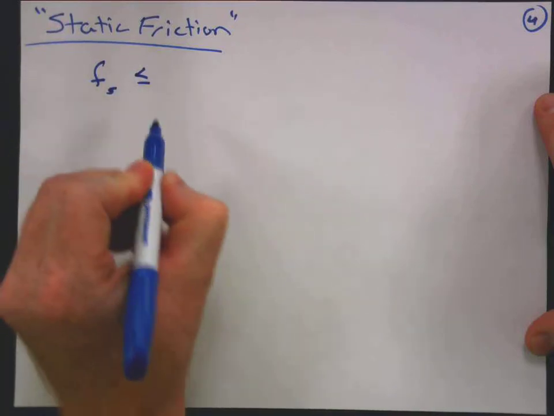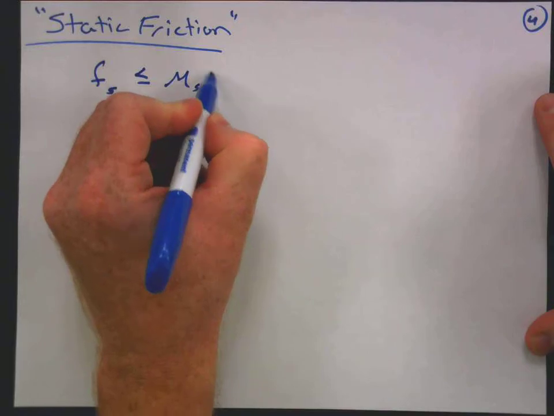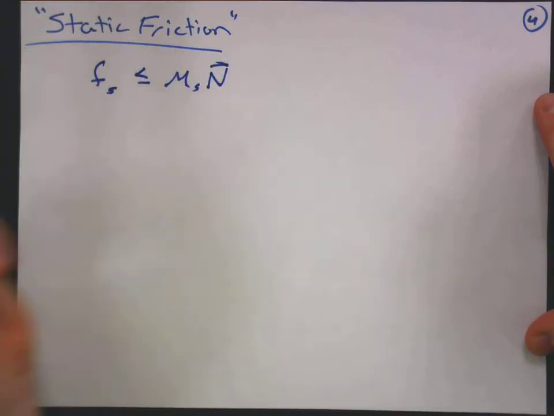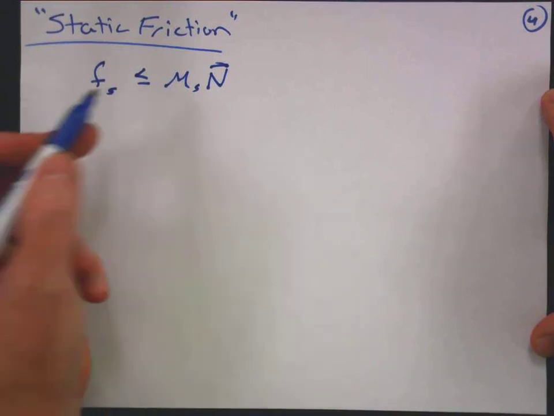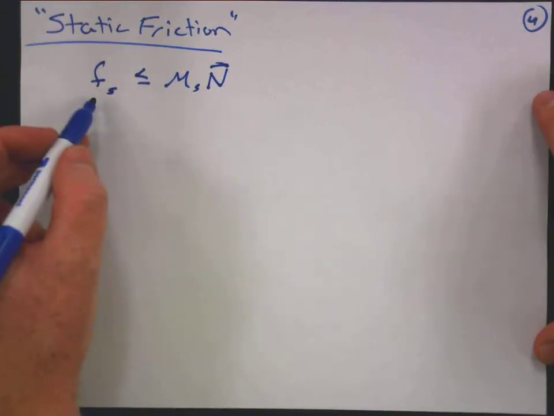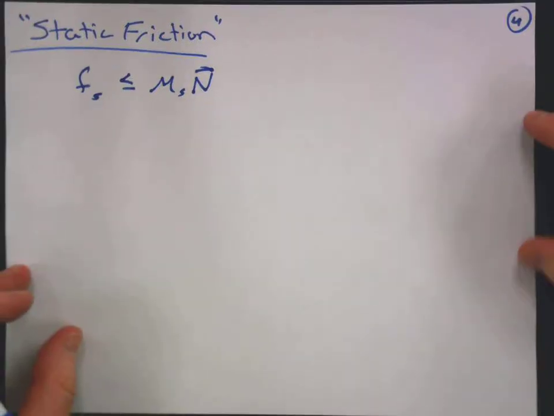That's not an equal sign, right? Friction is less than or equal to the coefficient of static friction times normal force. So why the less than or equal to sign? Because the static friction force changes depending on the amount of force that would tend, in quotes, to move the object.